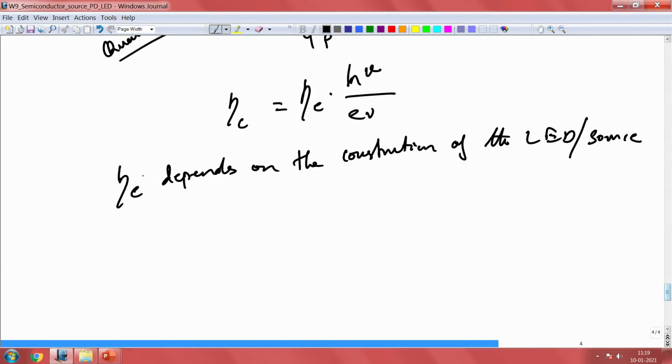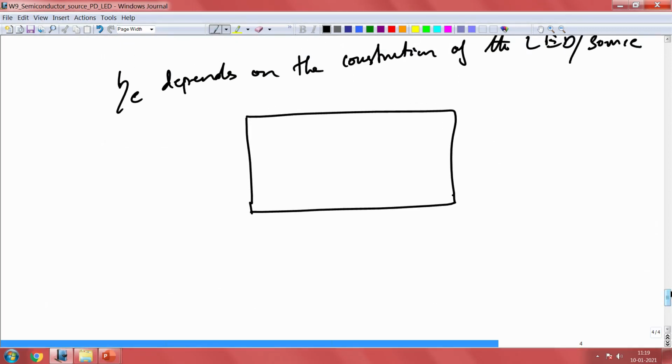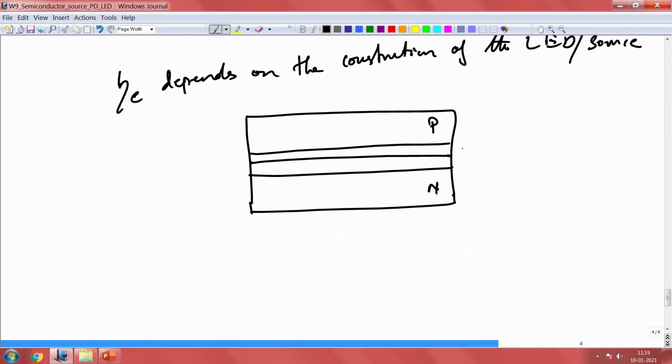Why this is important is when you are taking a very simple LED stack here, we will have P and N. This is our active region. This is the P region and this is the N region, and the light is going to be generated in this junction. So, in the active region you can generate your light.